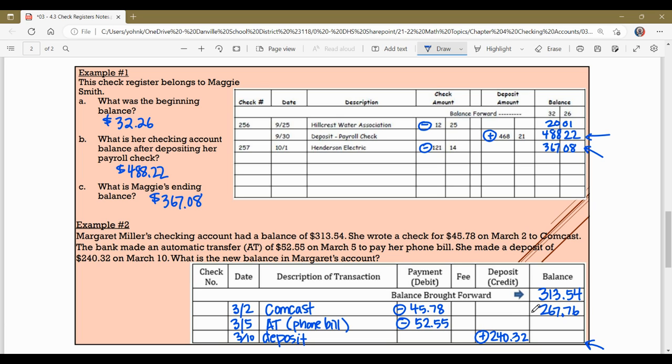Then we're going to take that number, go to the next line, and subtract $52.55. That's going to give $215.21. Then we're going to take that number, go to the next line, and add $240.32. That's going to give me $455.53. That's the answer I'm looking for. So $455.53.